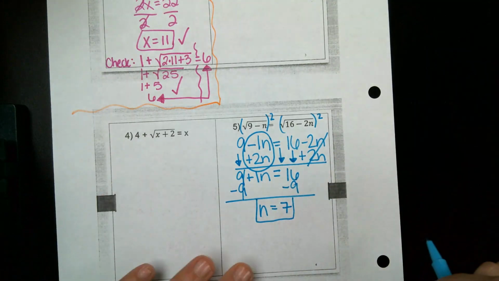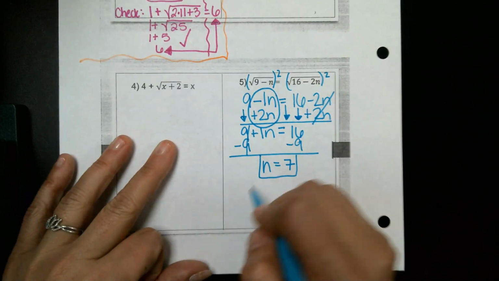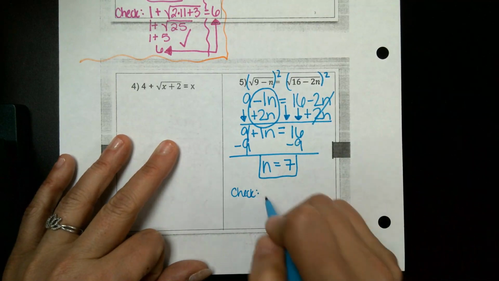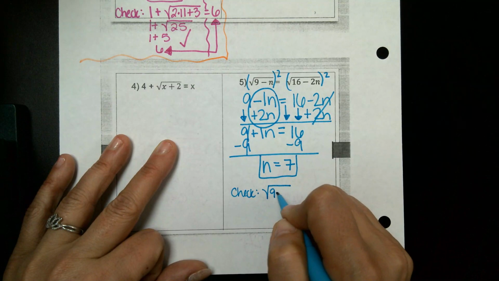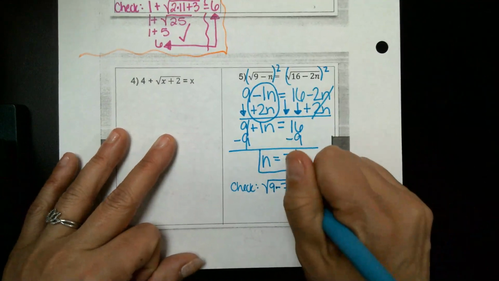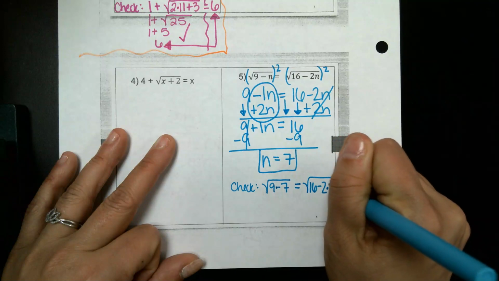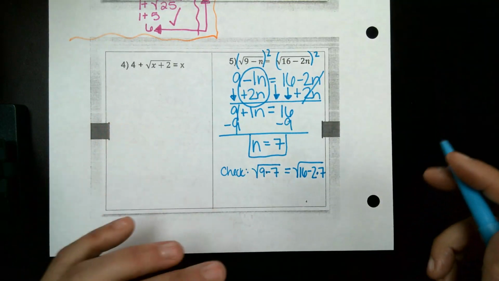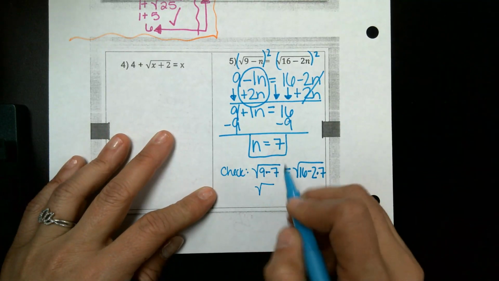And then we need to check to see if this is correct. Okay, so when I go to do my check, the original said this: square root of 9 minus n, which I'm going to plug in a 7 there, is going to equal the square root of 16 minus 2 times 7. So this one I will have to simplify both sides. What's 9 minus 7? 2.